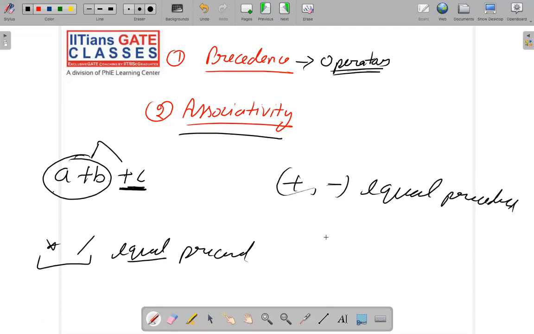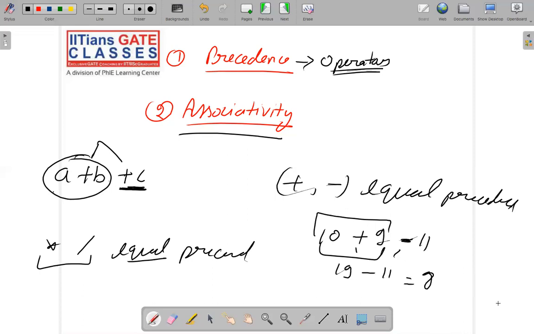So if somebody writes 10 plus 9 minus 11, this will be evaluated first because it is left associative. These operators plus and minus both are left associative. If they have equal precedence and are left associative, this will be calculated first. It is 19 here, then minus 11, which is 8. This is how it is going to be calculated.